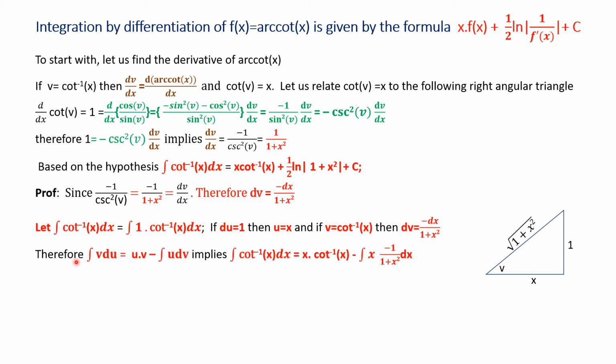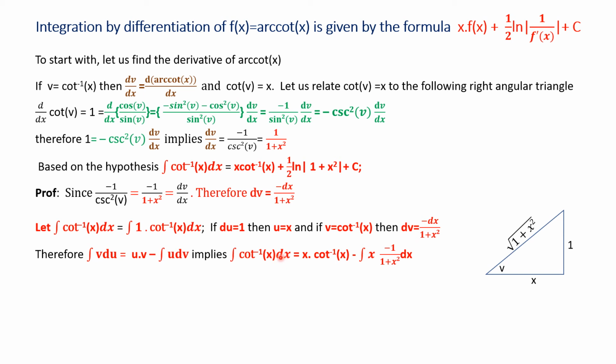Therefore, the formula for integration by parts, which states integration of v du equals u multiplied by v minus integration of u dv, implies, if we plug in all the values over here, that for the first term, integration of v du, our v is cot inverse of x and our du is 1.